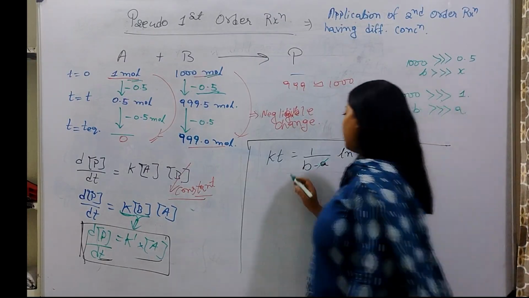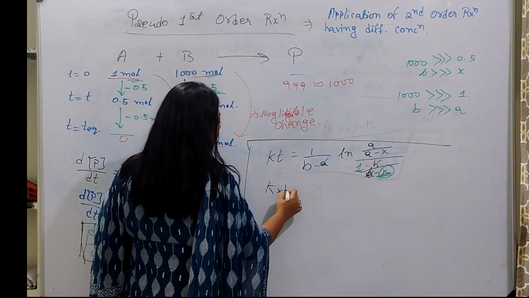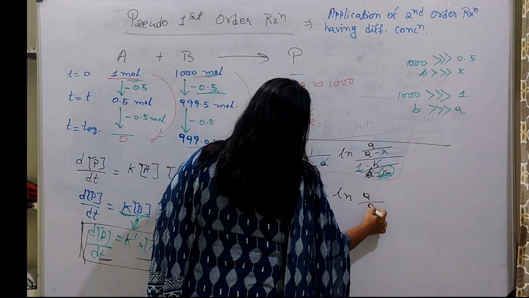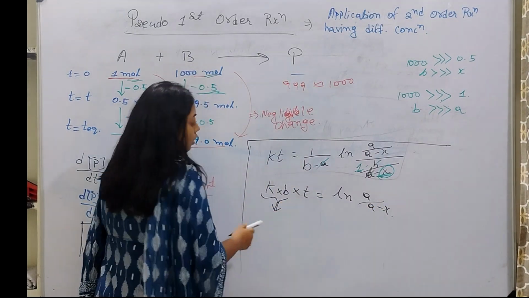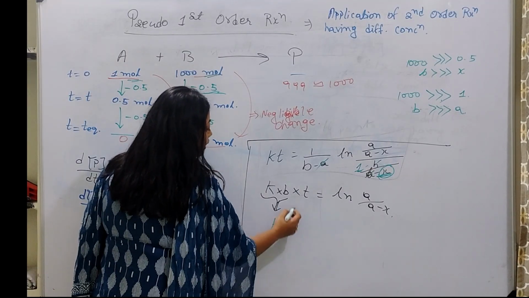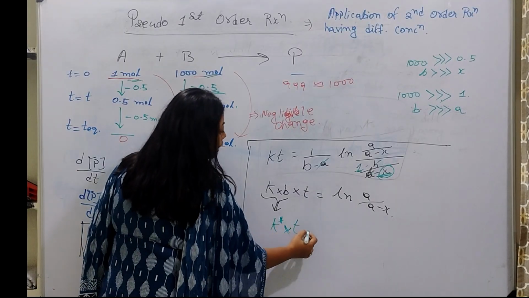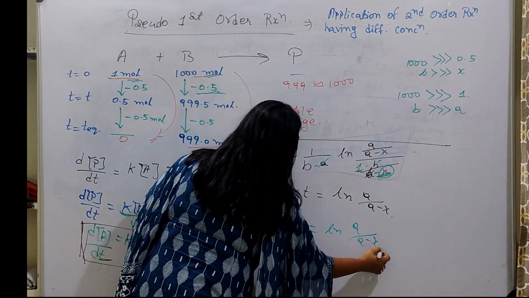So here we can modify it as K into B into T equals ln A by A minus X. Now since K into B we have considered as a new rate constant, that is K dash, we can write K dash into T equals ln A by A minus X.